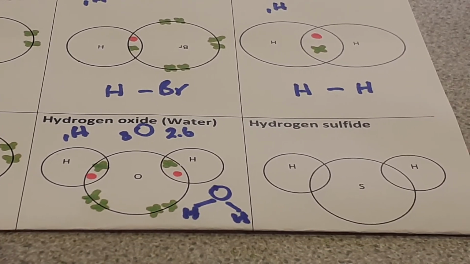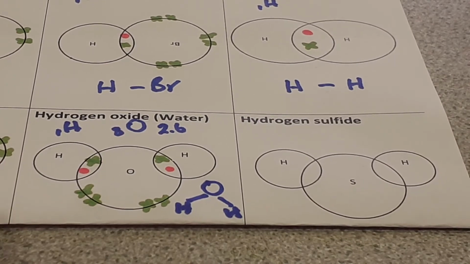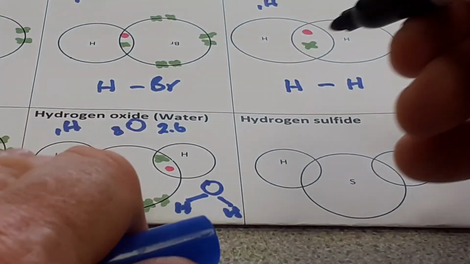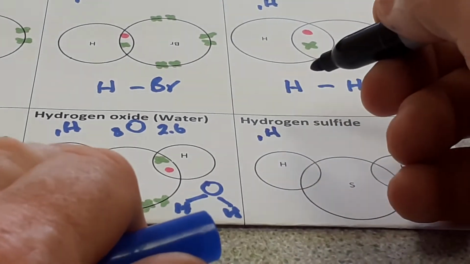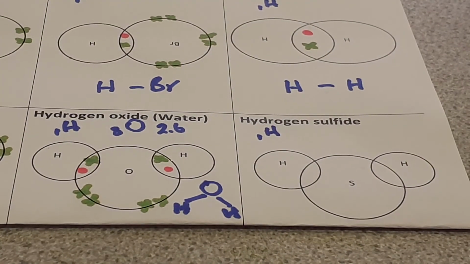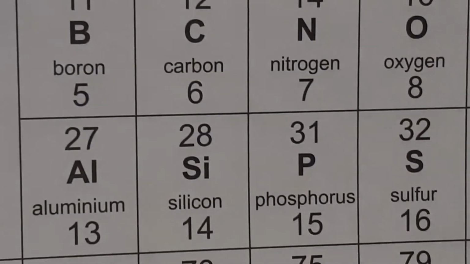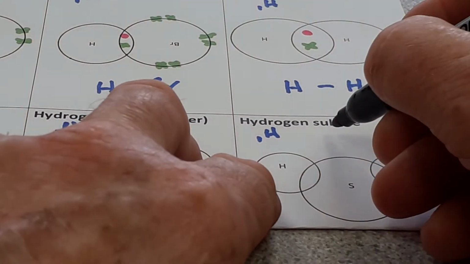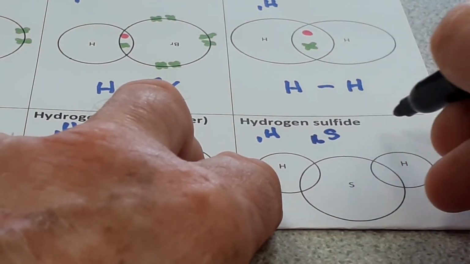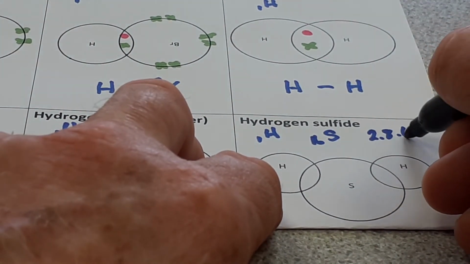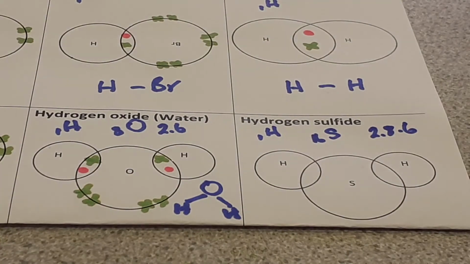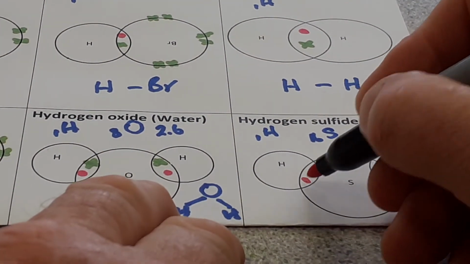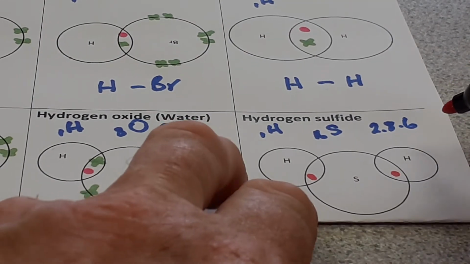The last one I'm going to do is hydrogen sulfide. Hydrogens we know already, H1. Sulfur is 16. So if it's 16, it is 2, 8, 6. Now, as we know already, if hydrogen is 1, each hydrogen needs to share an electron to get a full outer shell.